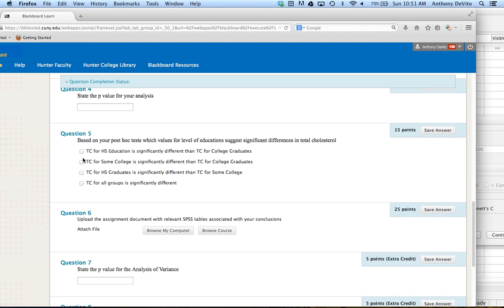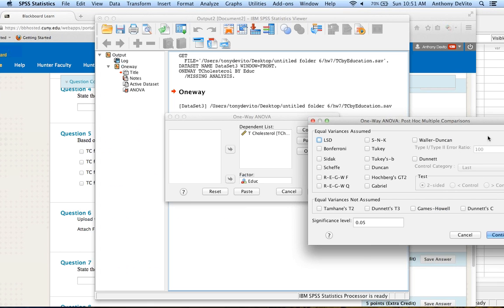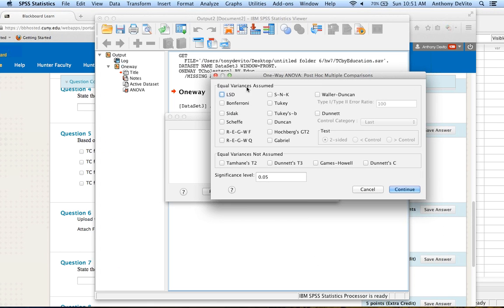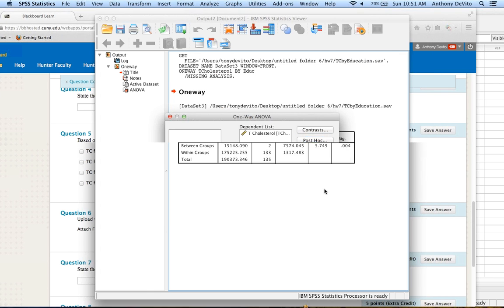We're going to check off any of those that are actually true. Well, I'm going to use Bonferroni. Popular, could use Tukey, least squares. I'm going to use Bonferroni and see what I get. And say, okay.